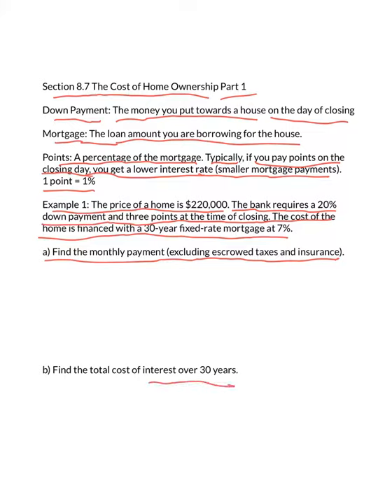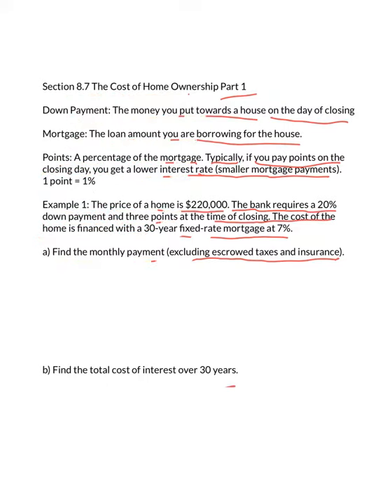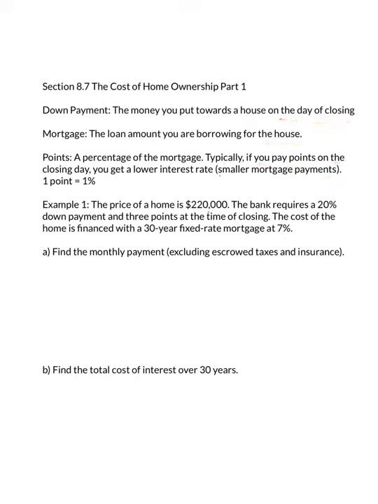So we're going to be using the same formula as we did to calculate our monthly car payments. Student loan monthly payments, mortgage monthly payments, and car payments are all that same formula where we have the negative exponent in the denominator.